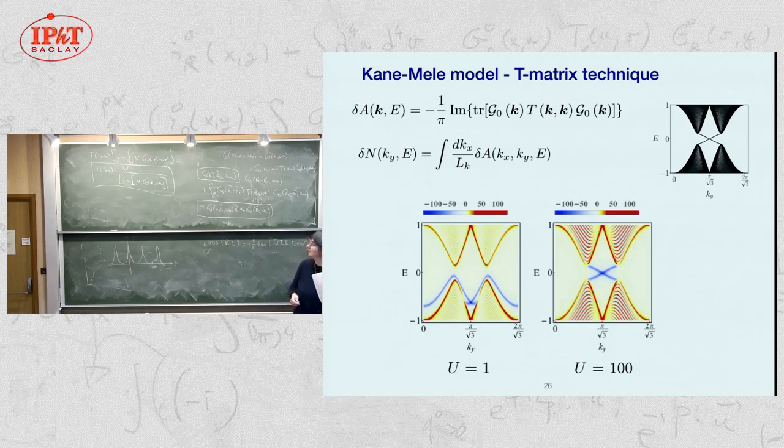The second question: for the definition of the T matrix, can we have some singularity when V has some values, so the denominator of this T matrix will vanish? Yeah, exactly. That's exactly what gives me these poles here. That's how we calculate the poles.